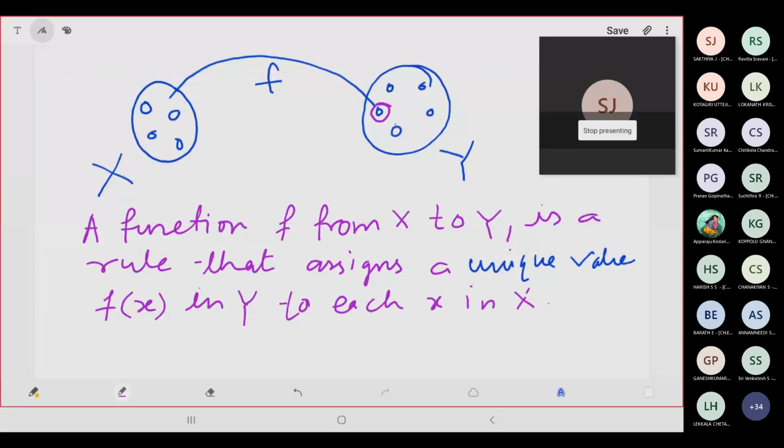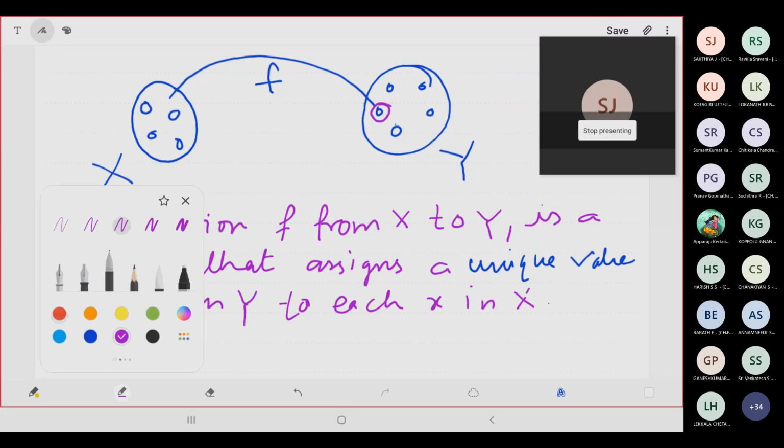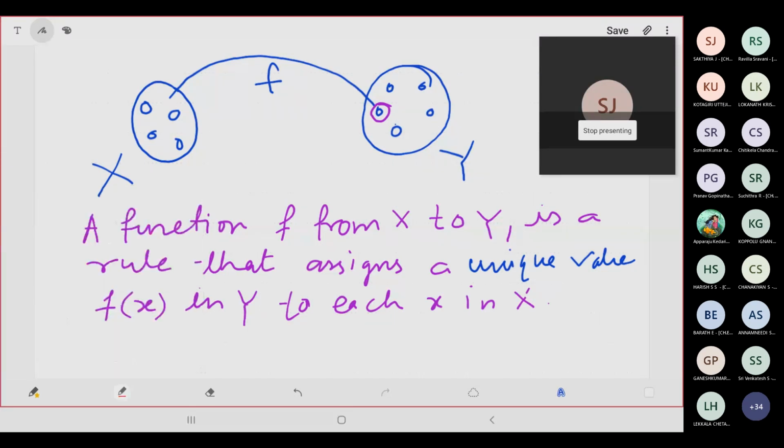So you can see graphically that for each x there is a unique value in capital Y. So for each element in capital X, there is a unique value in the capital Y. Then you can say that this is the function.